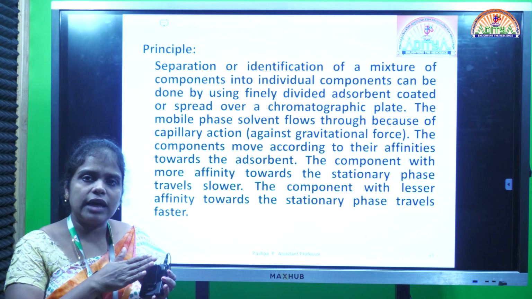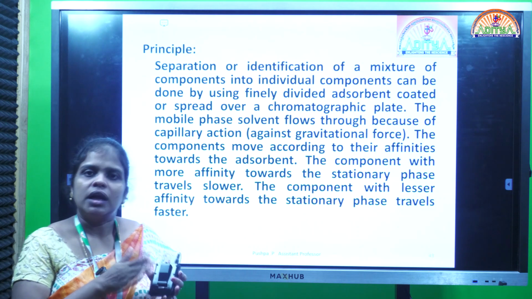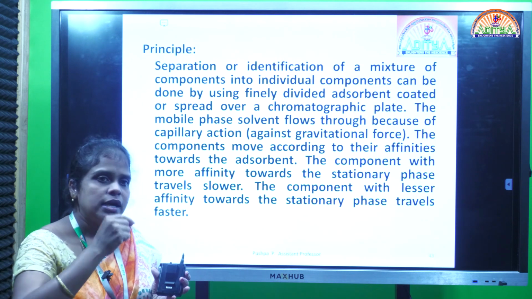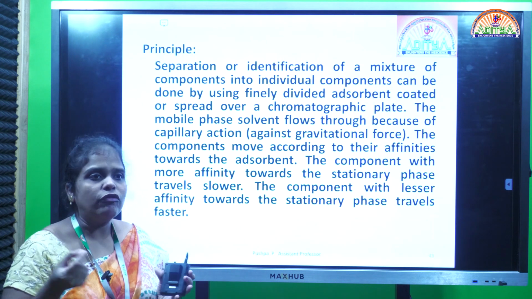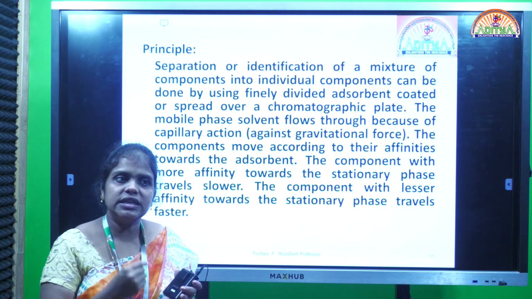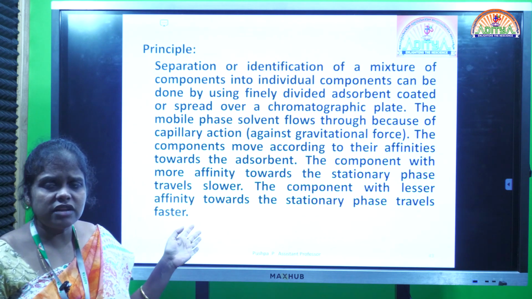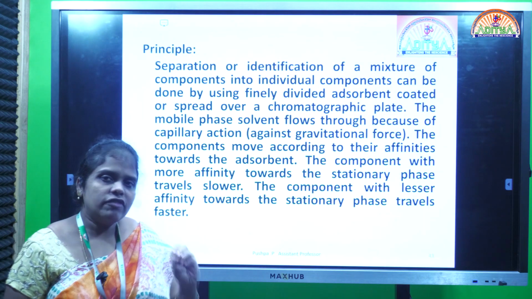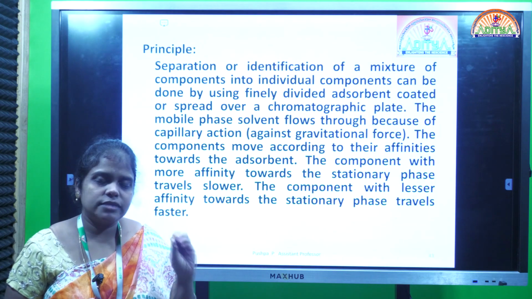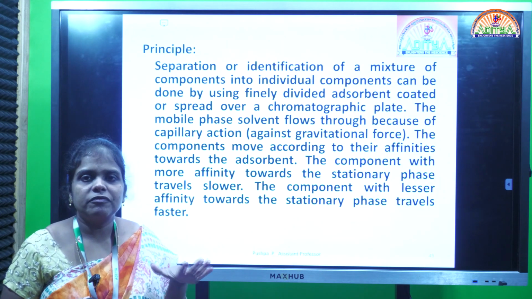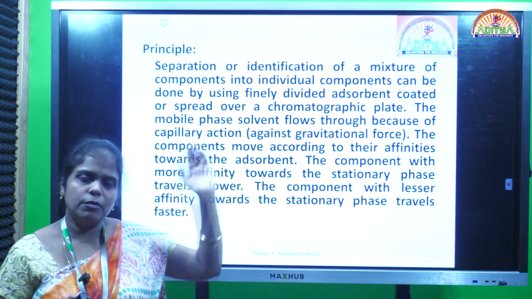After the plate is completely dried with the stationary phase, on that you apply the components or mixture which you want to separate. On that stationary phase you keep the sample spots, and if the components present in that sample have more affinity with the stationary phase, they will take a very long time for eluting along with the mobile phase.